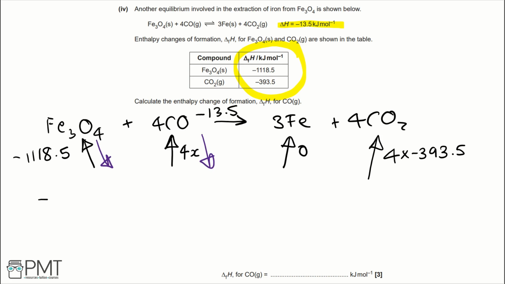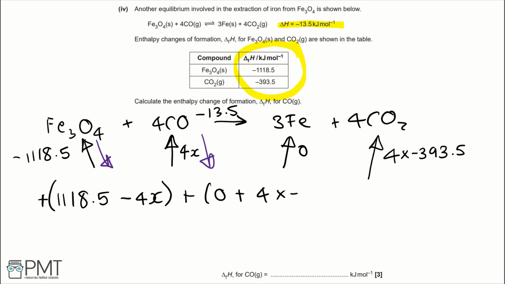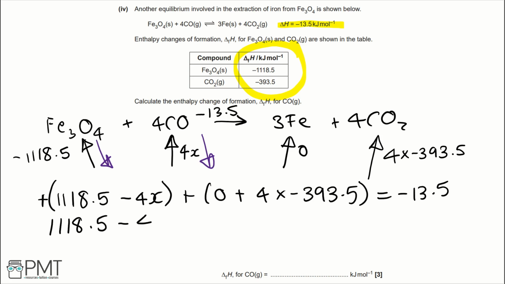We can write plus 1118.5 minus 4x in brackets plus 0 plus 4 times minus 393.5 equals minus 13.5. If we rearrange this equation, we can get 1118.5 minus 4x equals 1560.5.